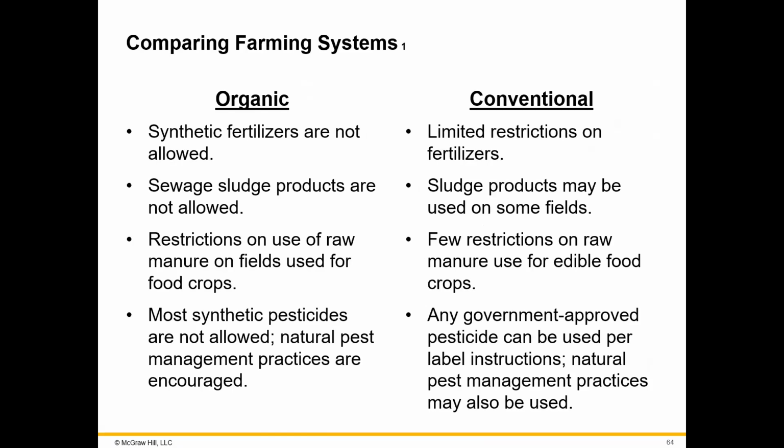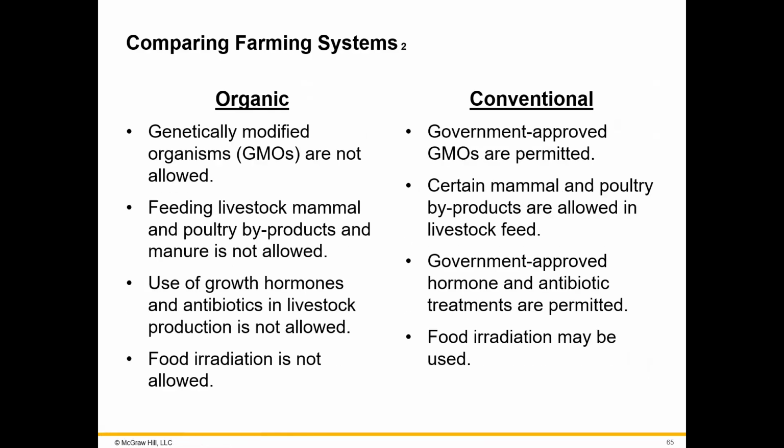So this is an excellent chart here from your textbook that looks at what is organic and what is not. And you see it goes in great detail when it talks about GMOs, genetically modified products are not organic.